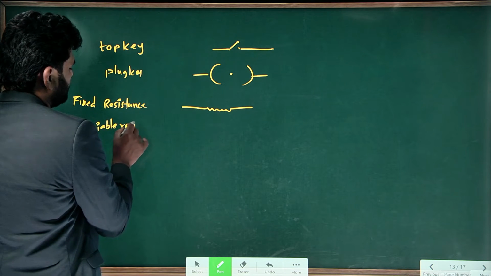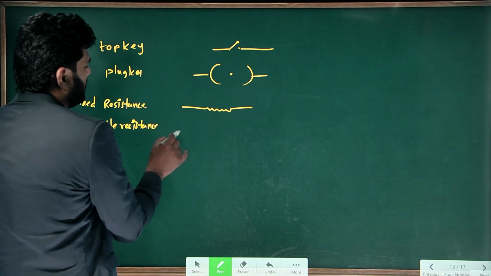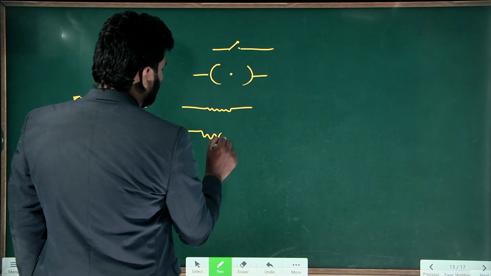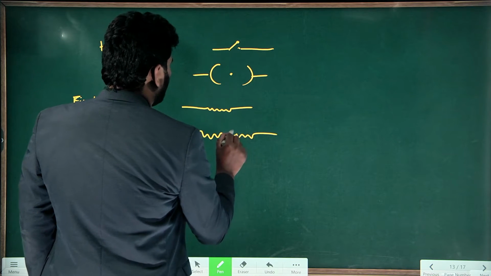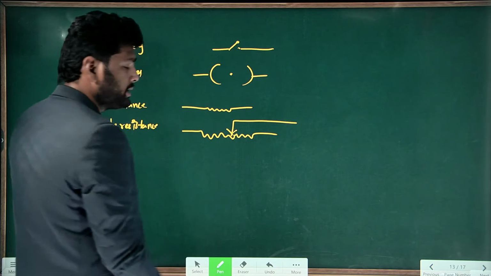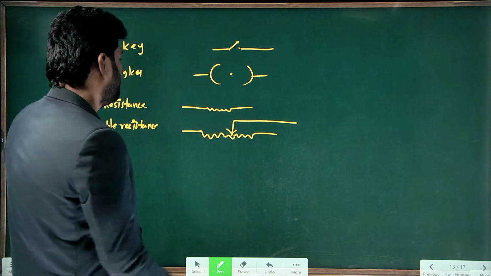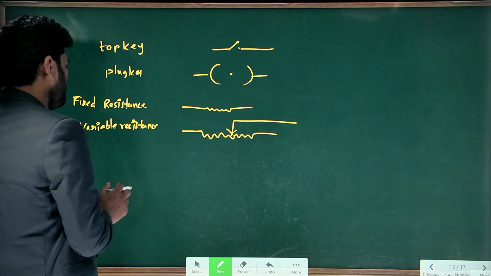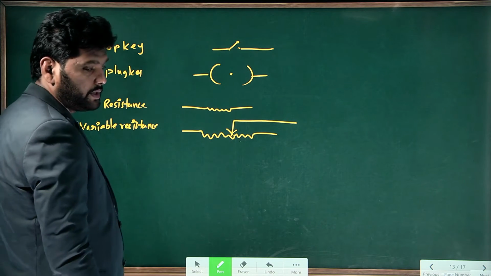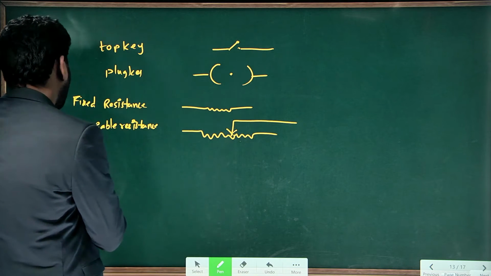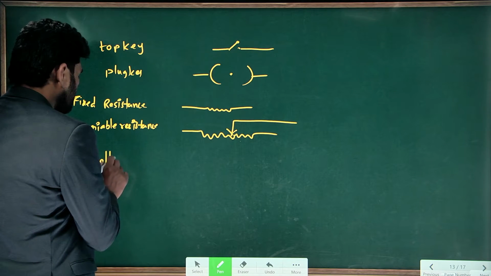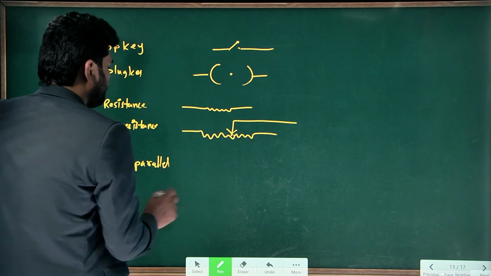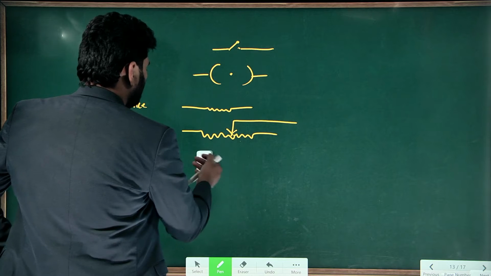Variable resistance symbol is similar, but this is how the variable resistance is shown. Understand? There are also cells in parallel and the rheostat. This is a rheostat or variable resistance. Cells in parallel are the same cells.